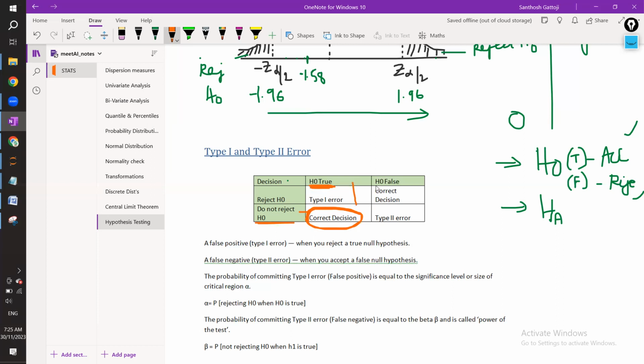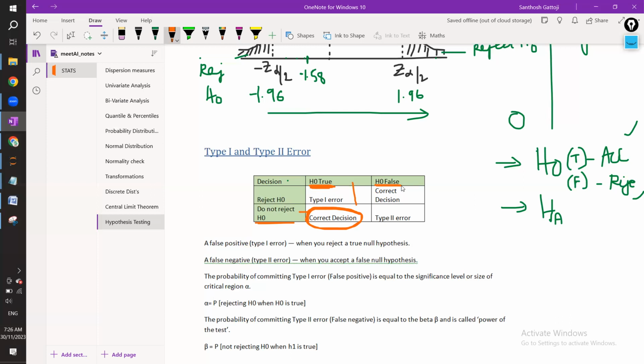Similarly, let's say your null hypothesis is false. In this scenario, what should we do? Reject or not reject? Yes, see, I'm saying if the null hypothesis is false, in that scenario, should I reject or not reject?